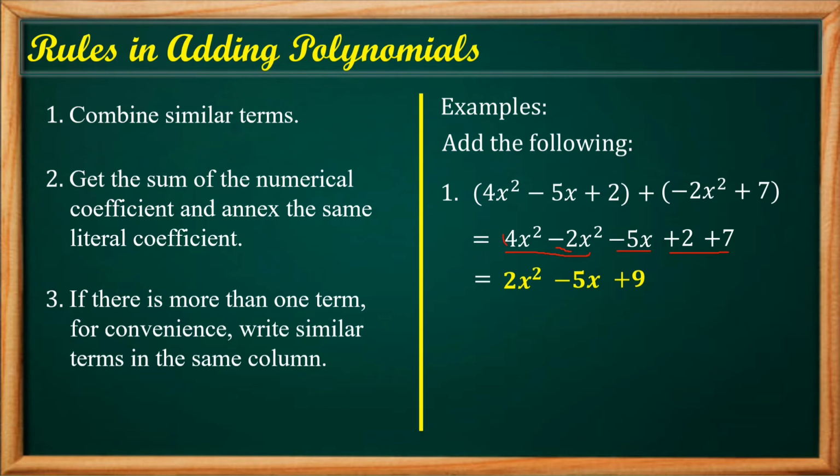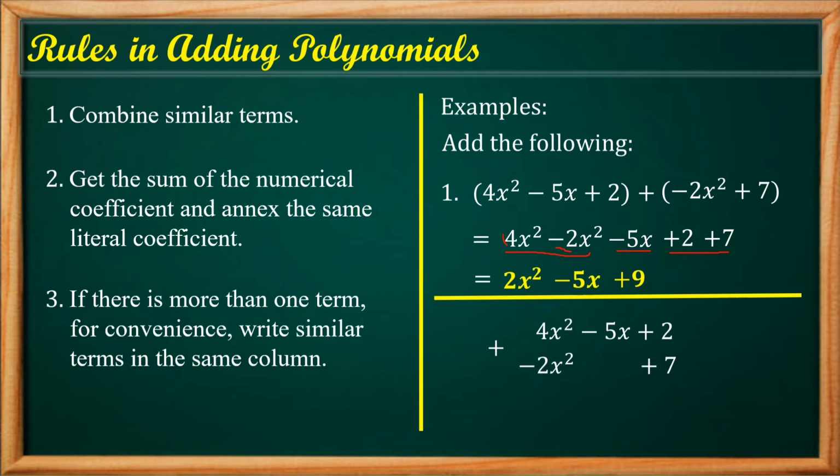Now, the third rule is if there is more than one term, for convenience, write similar terms in the same column. Okay, same column tayo. Let's have here the example, kasi more than one term. Write first the first given, then plus our second given.